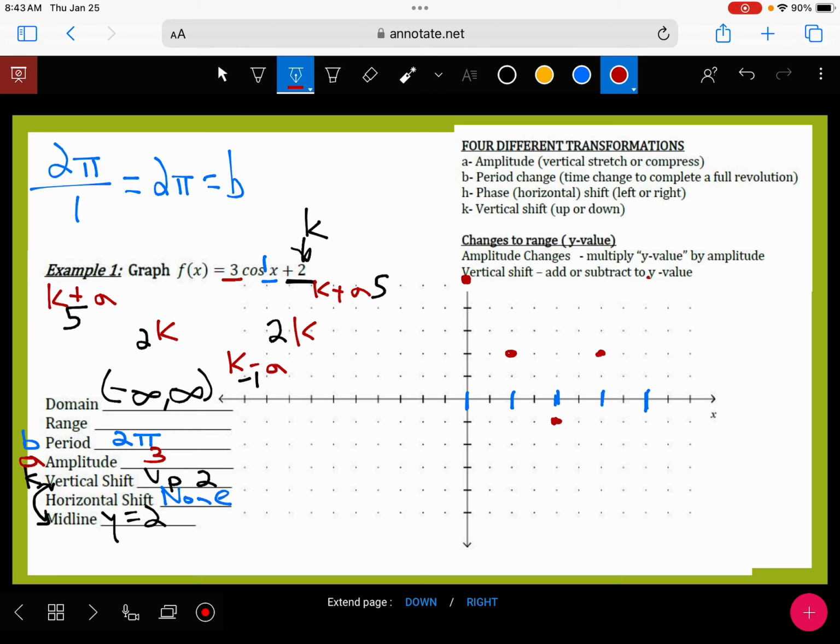And then finally, we return all the way to 5. The great thing is that now that we've done the positive period, we can extend our hash marks in the negative direction. Let me give myself some room. And now we have our pattern.